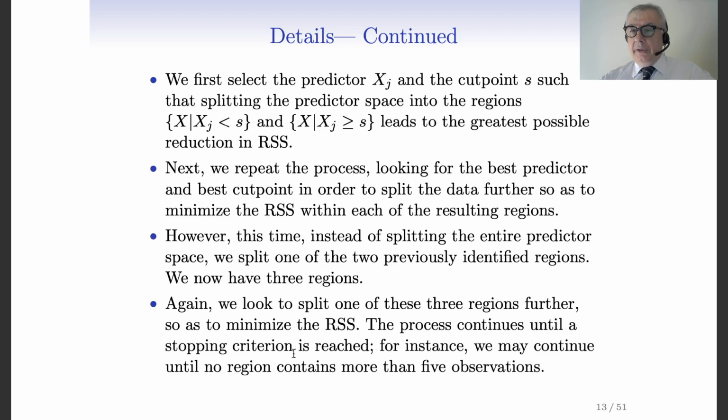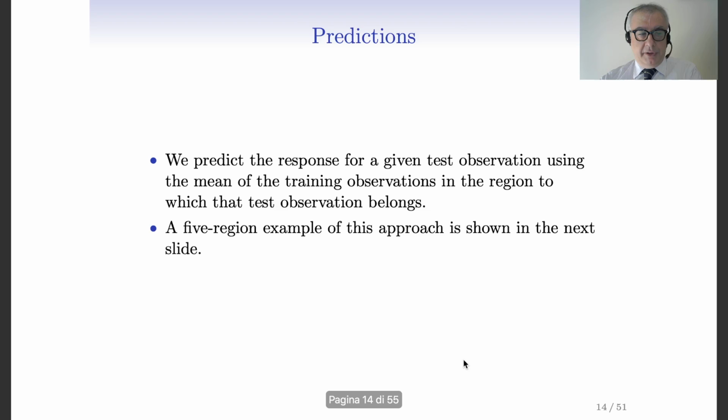And I can go on as long as I want. Usually, you will not arrive at the point where each leaf contains just one observation, but you will stop before, for instance, when no region contains more than five observations.